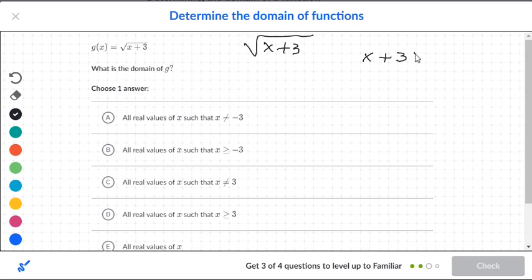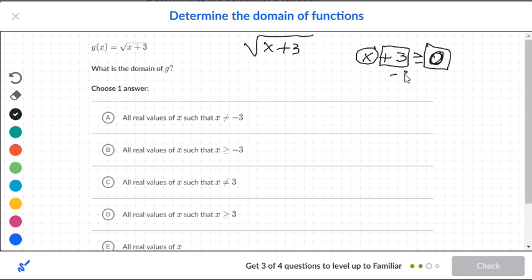So we want this to be greater than or equal to 0. So we're going to do like a one-step inequality question here to solve this down.